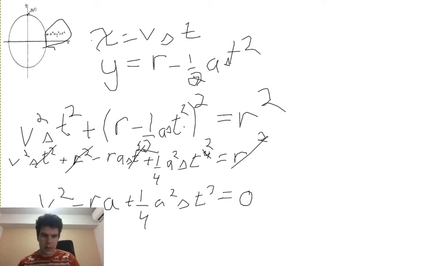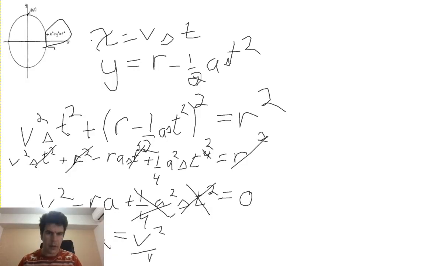So this is where we cheat a little bit, and we say that this delta t here must be 0 because we're looking at infinitesimal size here. We're only looking at this very short amount of time. So this whole term ends up being 0, and we get that a equals v squared over r as desired. Wow, we did it.